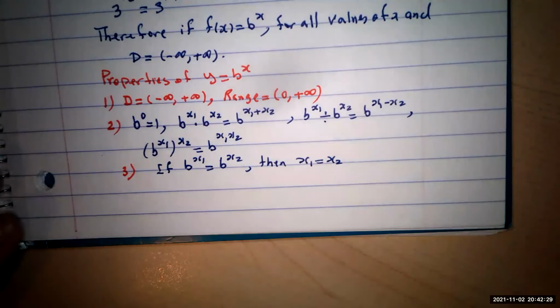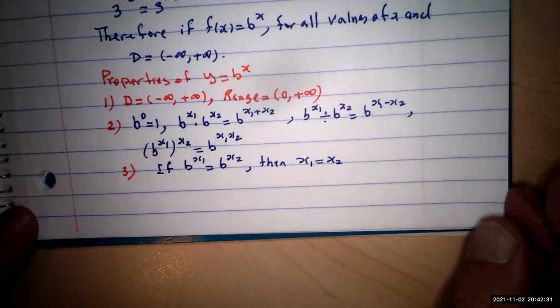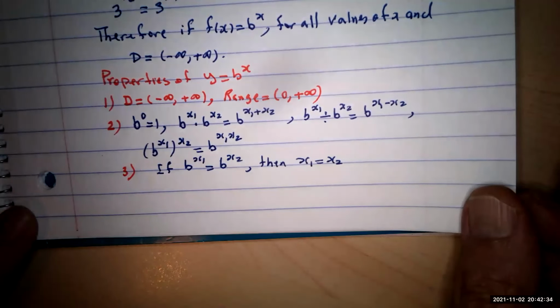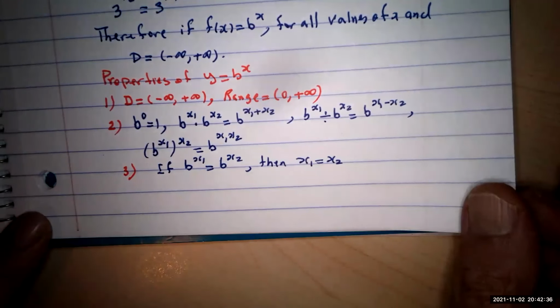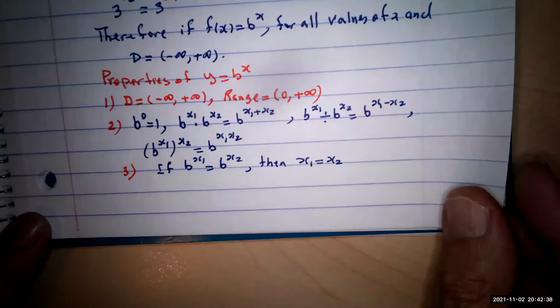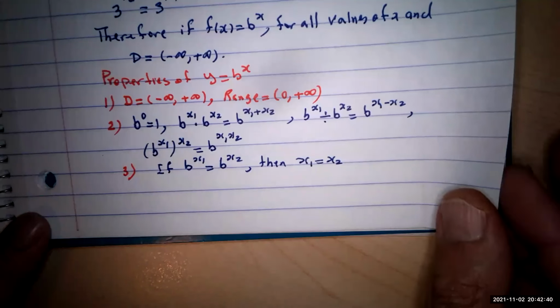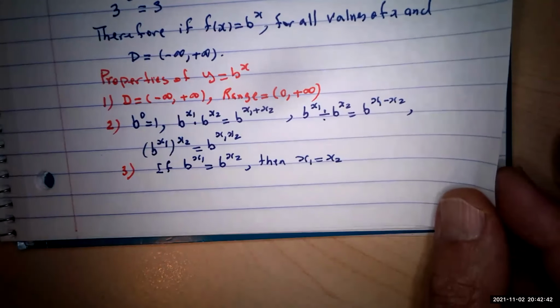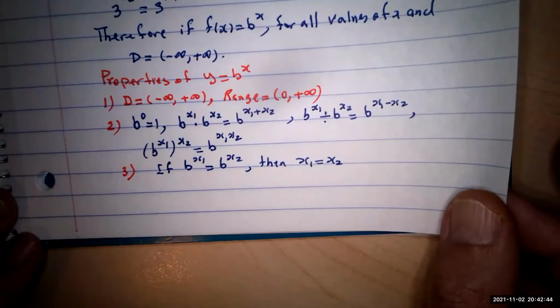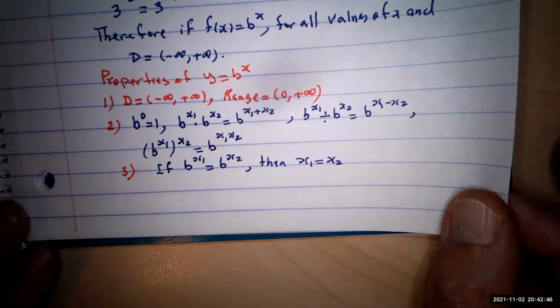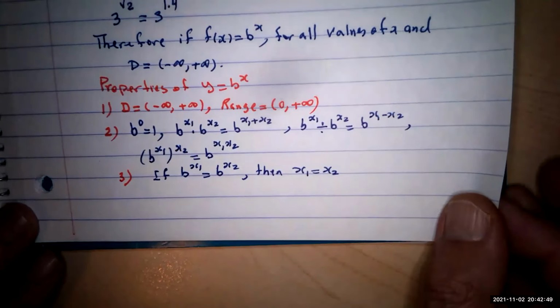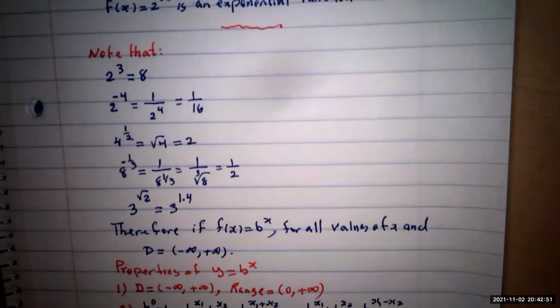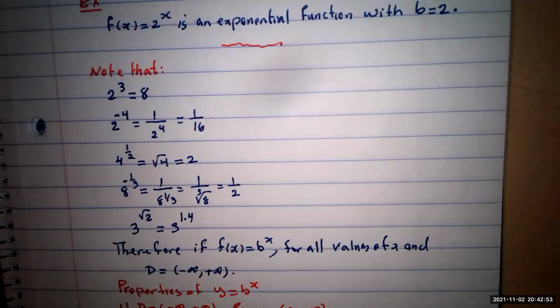Any question? These are all algebra. Now, what's calculus? In calculus, we are interested in continuity, and in getting the derivative of this function. Any question? I want to go to the next page.